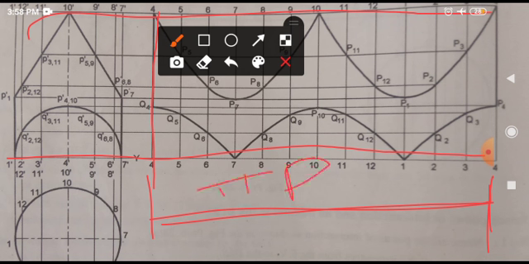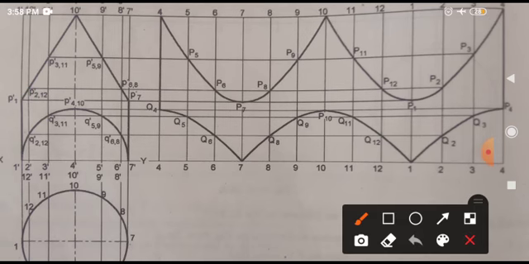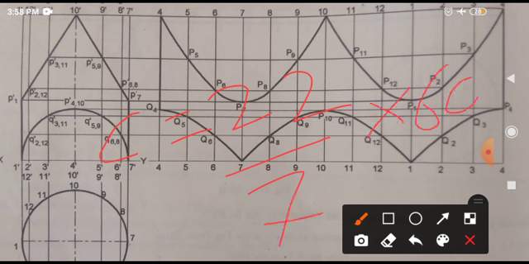In this case, the diameter is 60. Let's make some calculation. Let's calculate this circumference. C is equal to, let's take pi equal to 22 by 7, and this diameter is 60 millimeter.